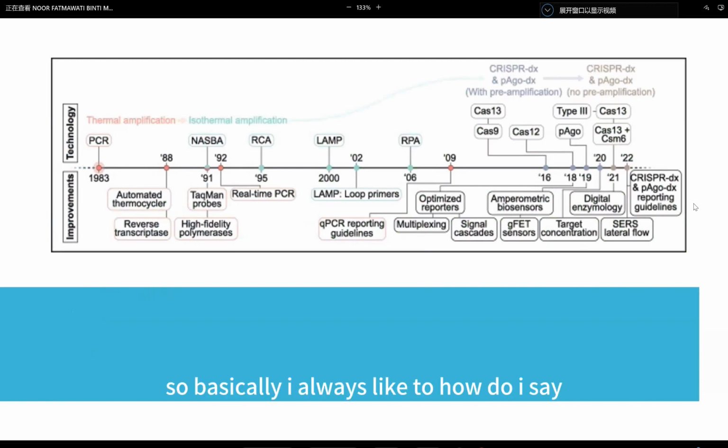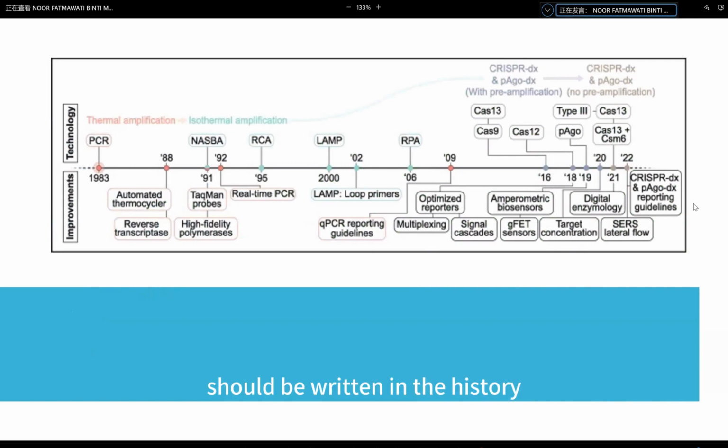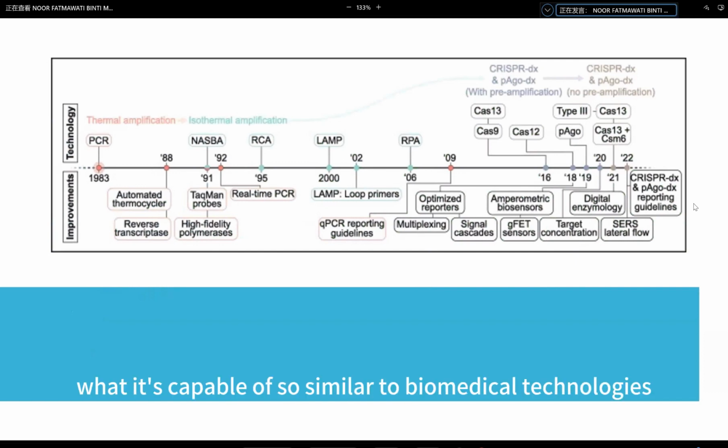So basically, I always like to start the topic with my students on the history of everything. When you discuss detection and measurement technology, it should go way back. It should be written in the history how the technology started, what's the first generation. It's just like the iPhone. When was the first generation? What was it capable of?